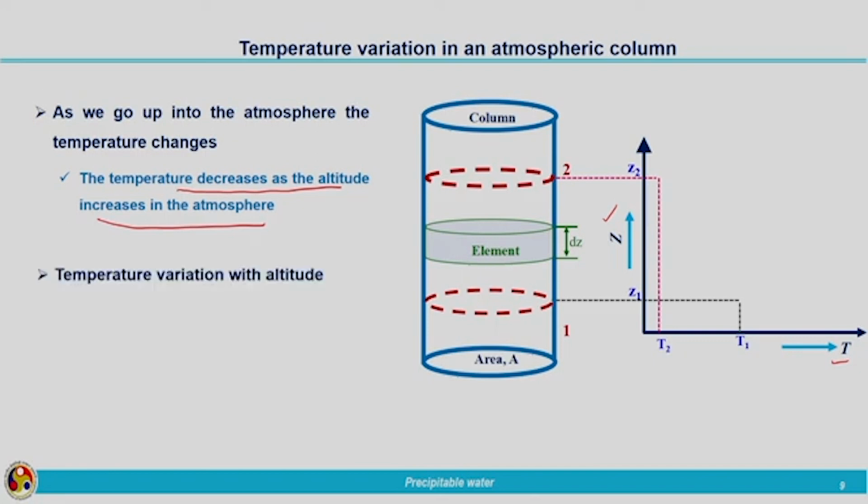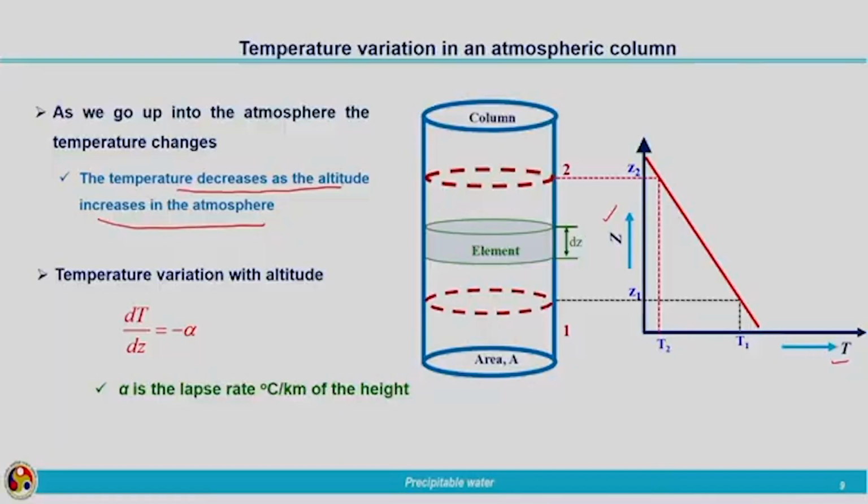So, we can join these 2 points by means of a straight line like this. The variability of temperature as we move up into the atmosphere is linear, and as the altitude increases the temperature decreases.